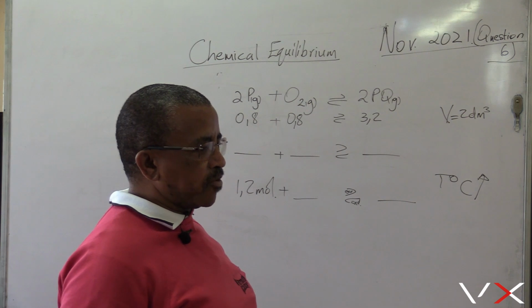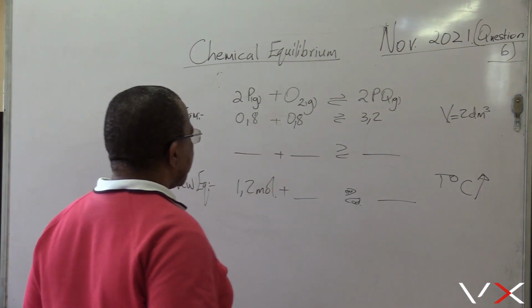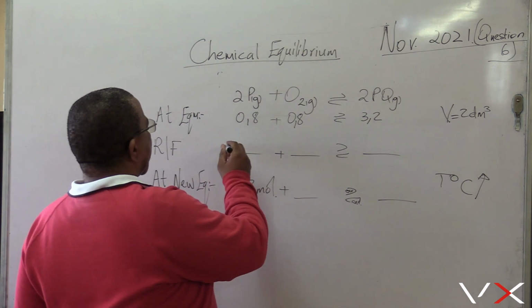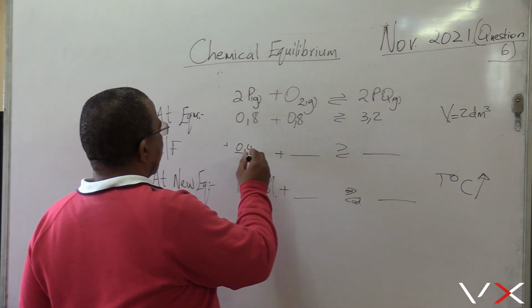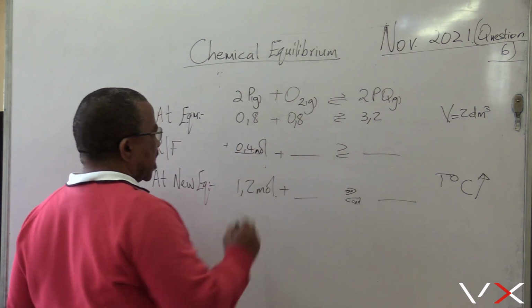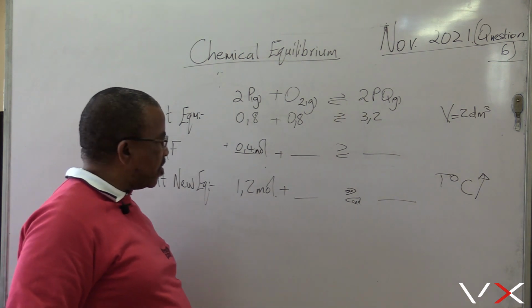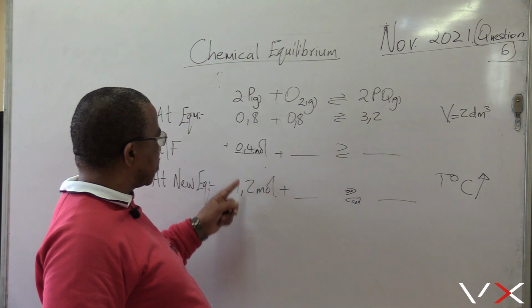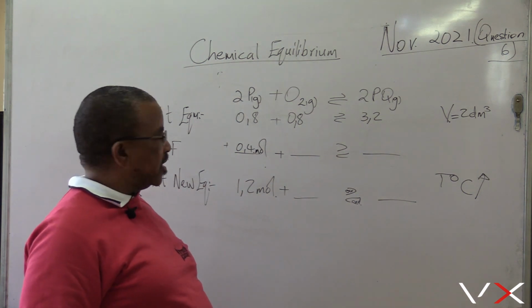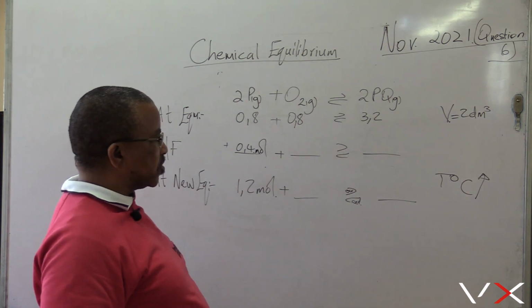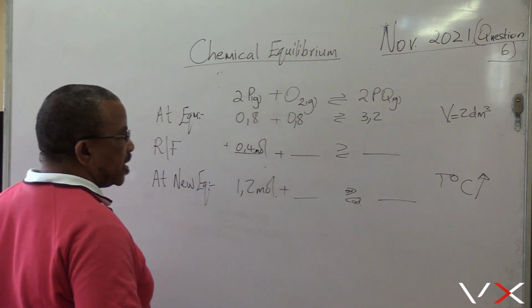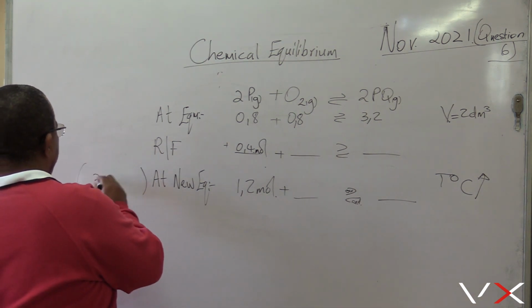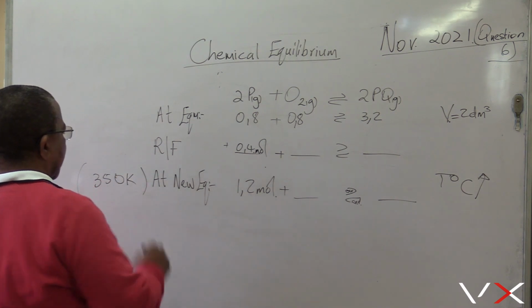Calculate the equilibrium constant at 350 Kelvin. What is the equilibrium constant? All right. Siyathola la ukuthi lana ku-edeke u-0.4 moles. Ku-edeke u-0.4. Uma ku-edeke u-0.4 besino 0.8 kwa-edeke u-0.4 sekusele that 1.2. So sifuna the K, equilibrium constant at 350 Kelvin.